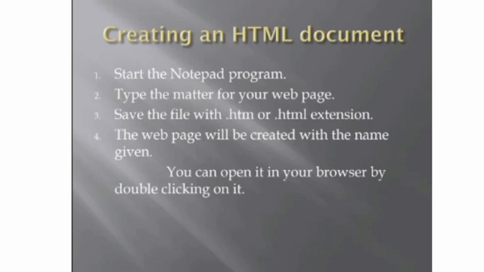After that, save the file with a .htm or .html extension so that it can be easily identified by the web browser as a file of an HTML program. And after that, the web page will be created with the name by which you have saved your file, and you can double click on its icon to see the result.